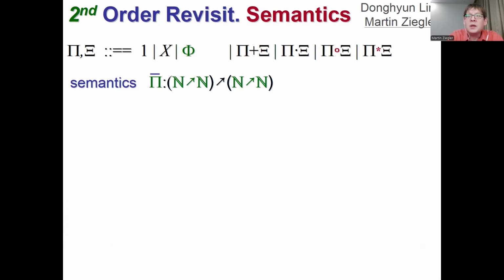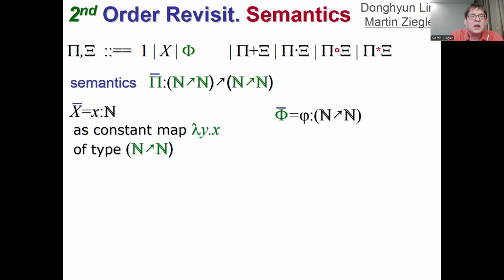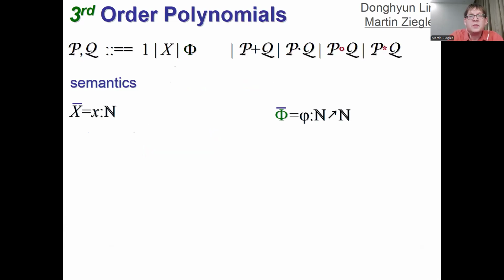We observe that in this new perspective of second order polynomials, every subterm is also of function type, a non-decreasing function on natural numbers. So, for example, a variable x, when it attains a natural number value, is identified by occurring as a constant map.